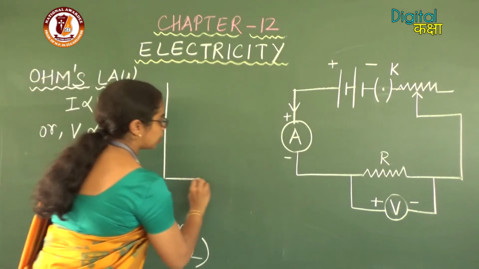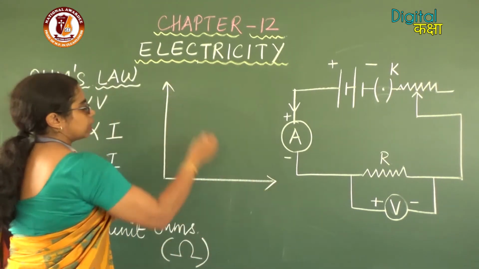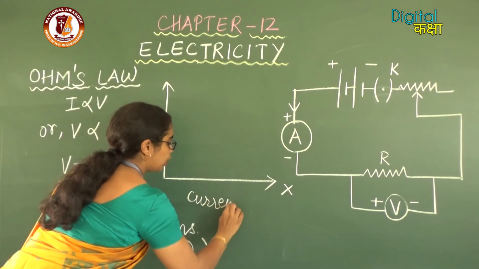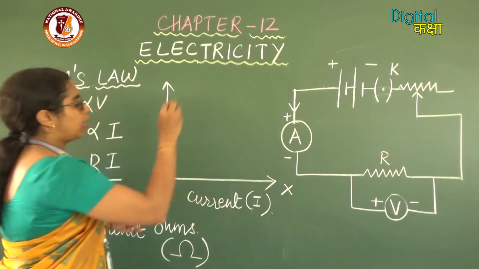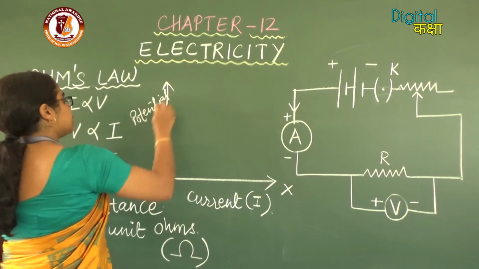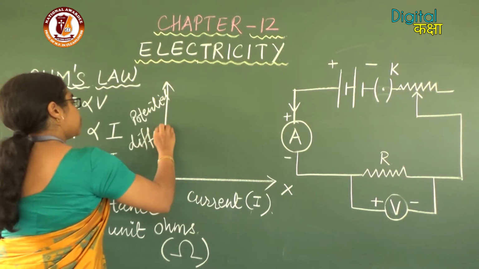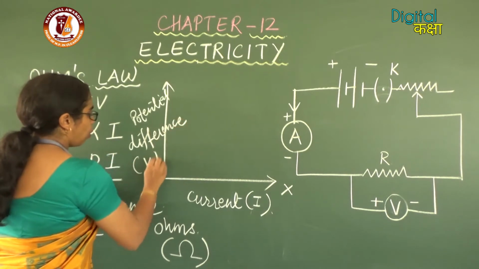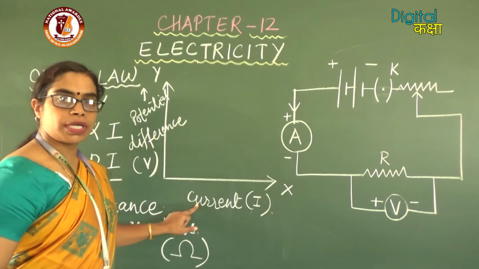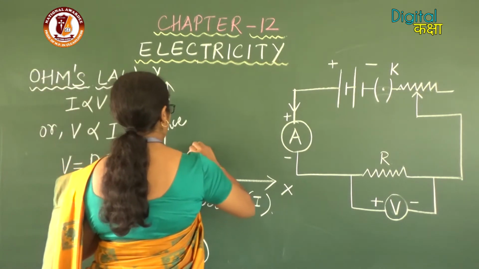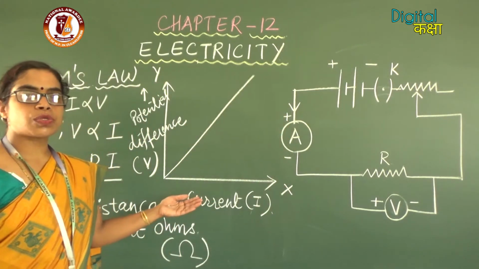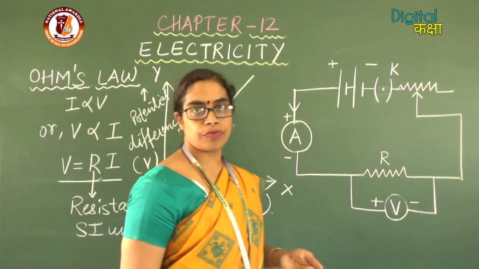When we plot the graph with the physical quantity current on the x-axis and the quantity potential difference, denoted by V, on the y-axis, it comes out to be a straight line, and this graph is called the VI graph.